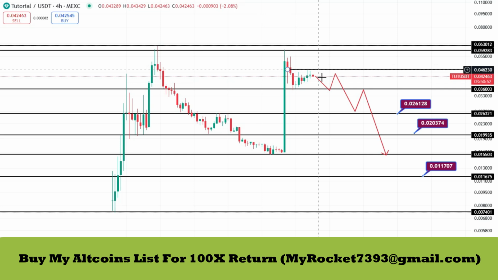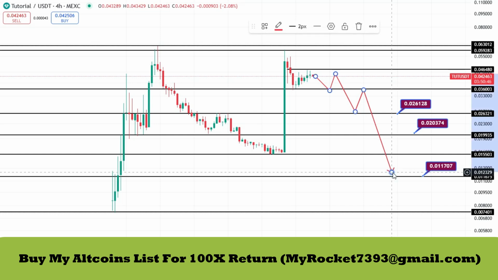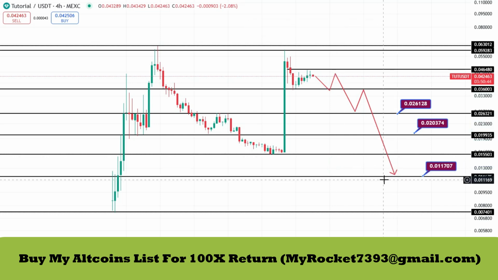I'm not saying that price is going to straightforwardly hit these levels, but after some accumulation or sideways moves, these price levels can be achieved by this token, because if its price breaks its all-time high, in that case the next target is very clear.